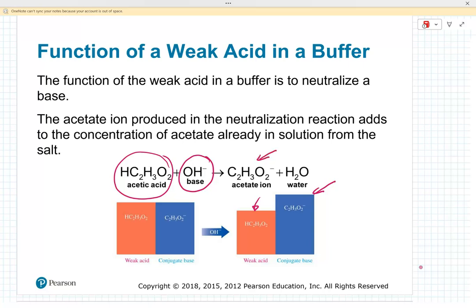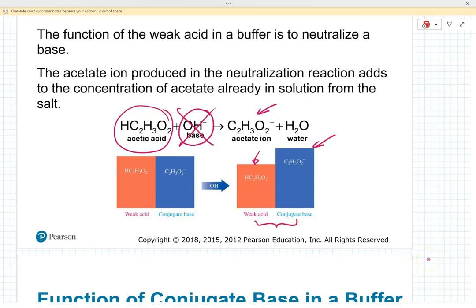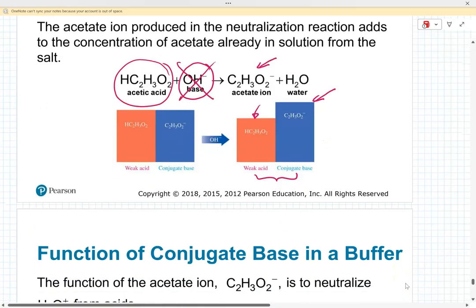That provides you with the capacity to effectively cancel the effects of an added base on the pH of the solution. So despite the fact that concentrations are slightly different, pH remains the same. Am I making sense?